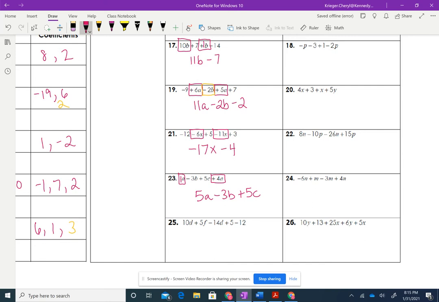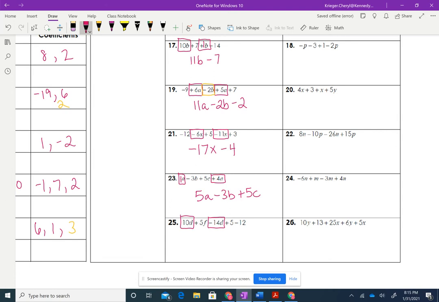So what can we combine in number 25? We have 10d plus 5f minus 14d plus 5 minus 12. Well, we have 2 terms that have a d. So we have 10d minus 14d. We can combine those.